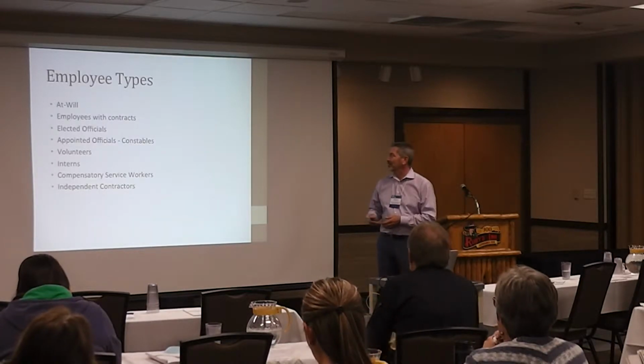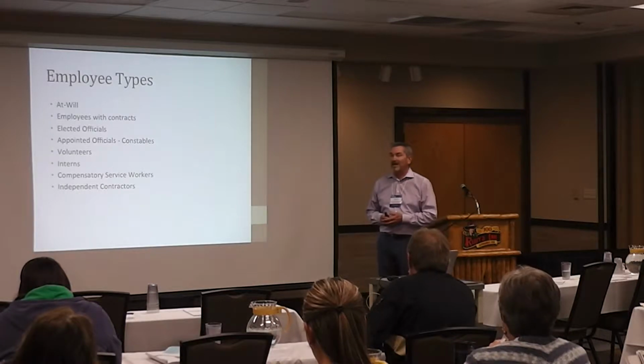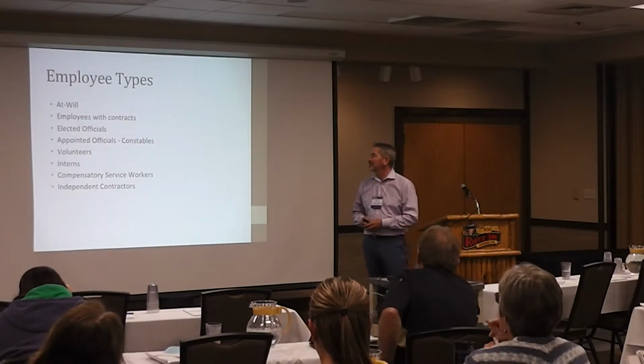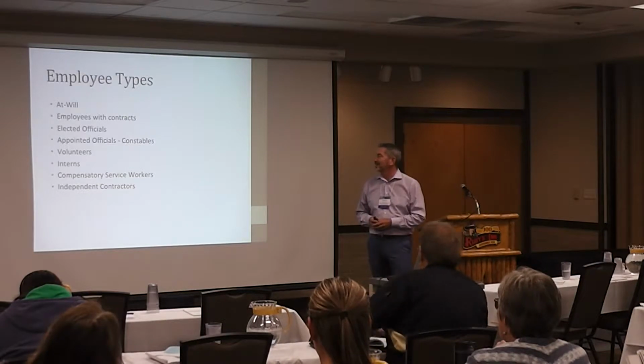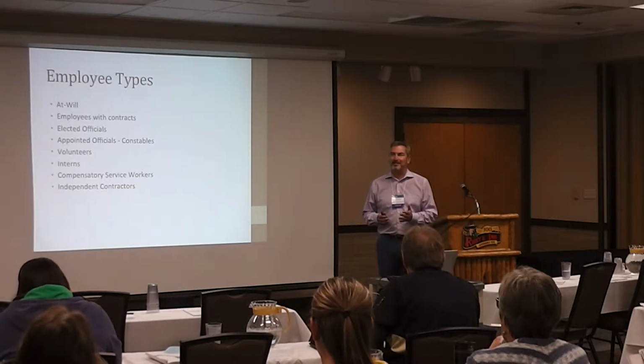We're going to use the example of constable to talk about appointed officials. We've got volunteers that we all know we have certain responsibilities to as an employer, even though they're a volunteer. Explore that a little bit. We have interns, which are kind of quasi-volunteers, but not really, so let's talk about that.